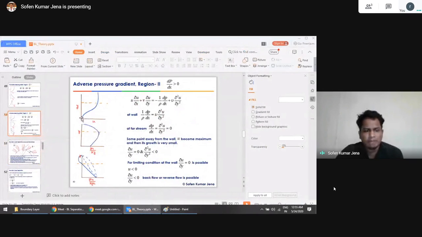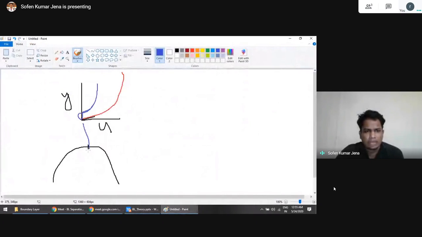This graph we have plotted at this location, where there is a sharp change and increase. If we move a little bit and plot the same graph at another location, this is u, this is y. You will find that as you increase y, u is in the negative direction first. It will again come to zero and start growing like this.